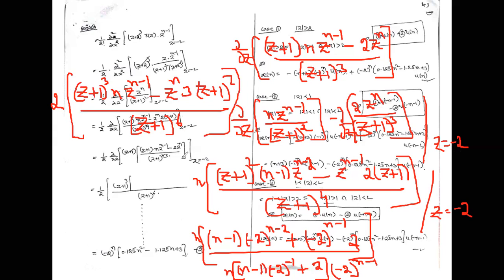And we can substitute z = -2. 2 into (-2+1), which is -1. (-1)^3 is minus, n times (-2)^(n-1), and minus (-2)^n, and 3 into (-2+1), which is -1, squared, the value is 1, and the denominator (-2+1) is (-1)^6. (-1)^6, again the value is plus 1.